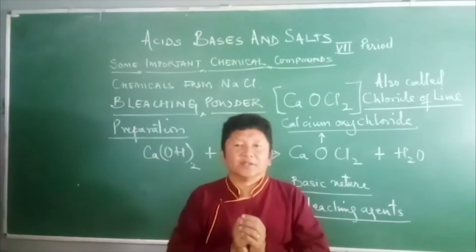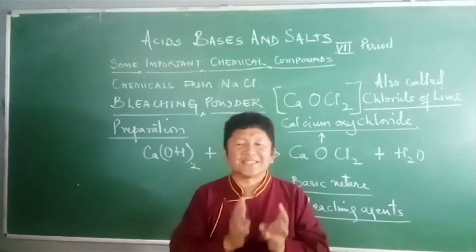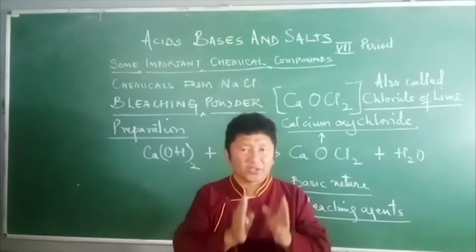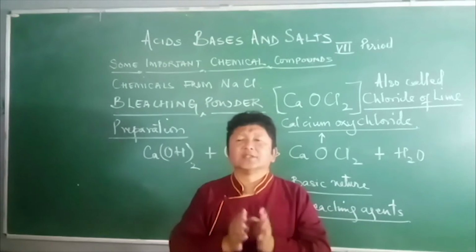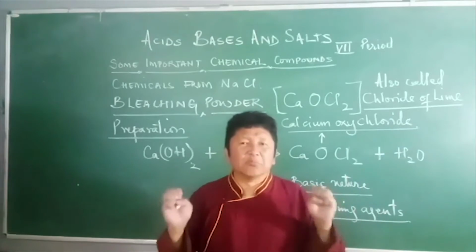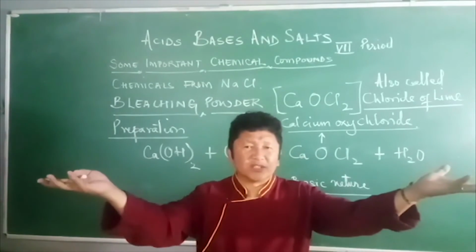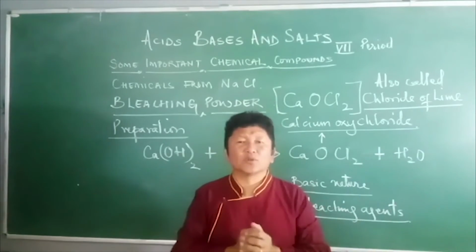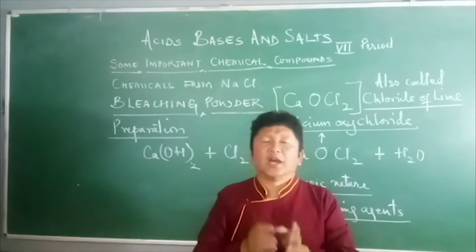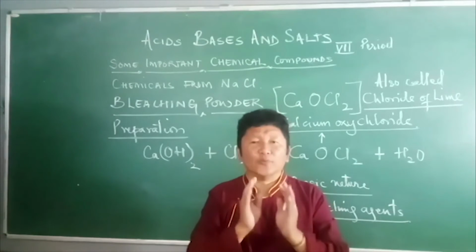Uses of bleaching powder. Bleaching powder is used as a disinfectant to clean water. The bleaching powder is used to remove moss from tanks, and bleaching powder is used as the killer of weed.